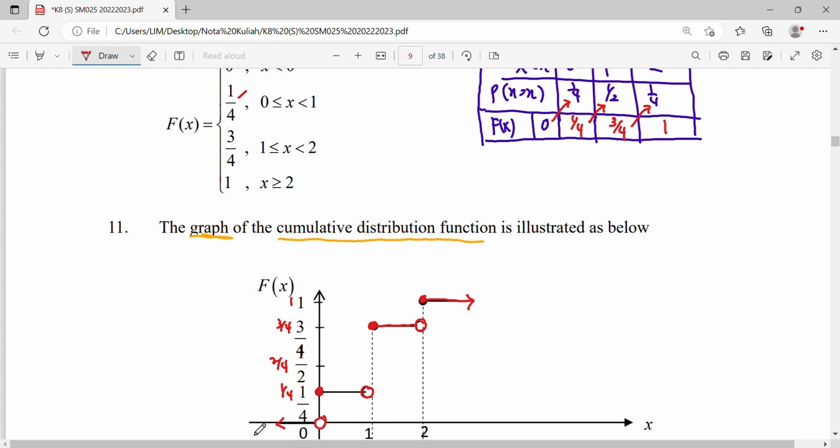So x-axis is your random variable, y-axis adalah F besar. F besar stand for cumulative distribution function. Cumulative distribution function is the probability we already accumulate interval by interval, random variable by random variable. So that's why our last probability here we will achieve 1, maximum of the probability.